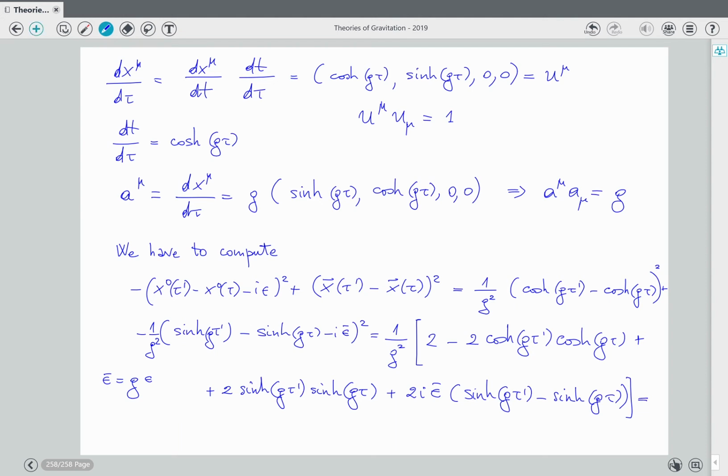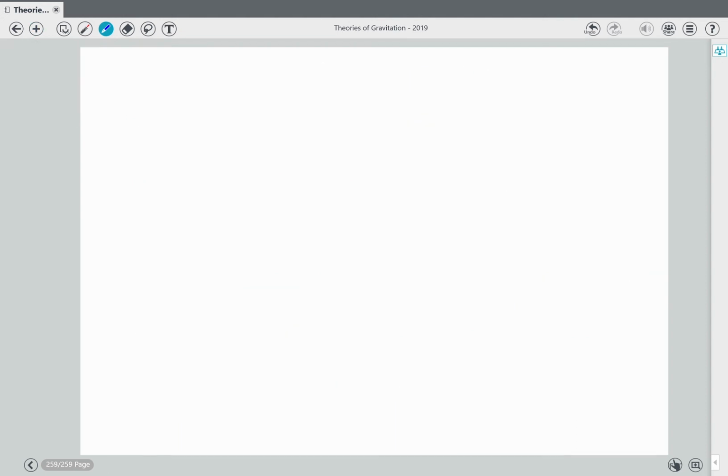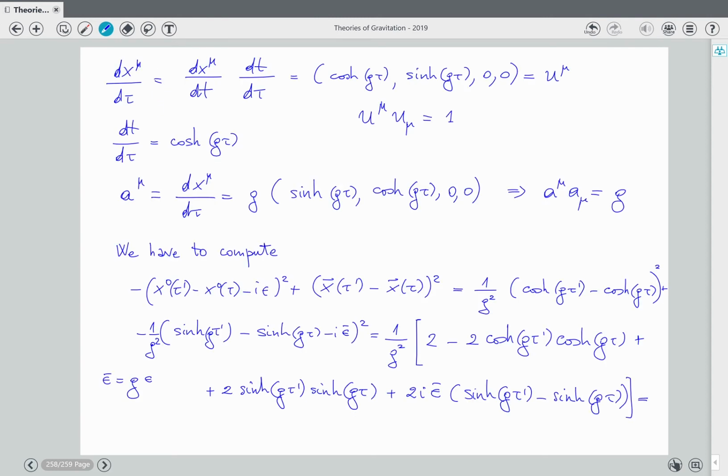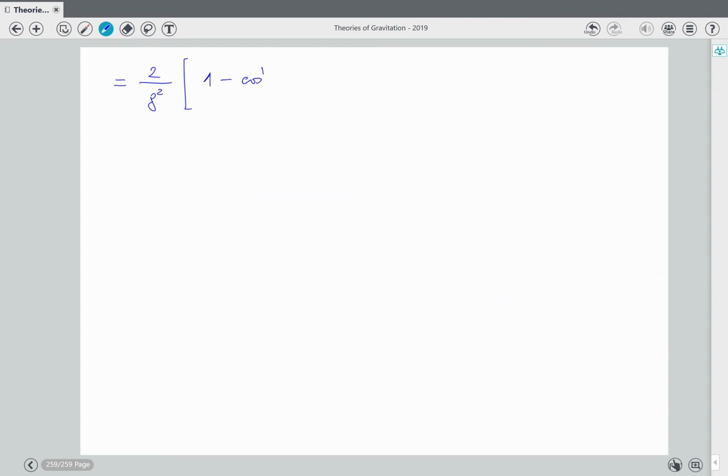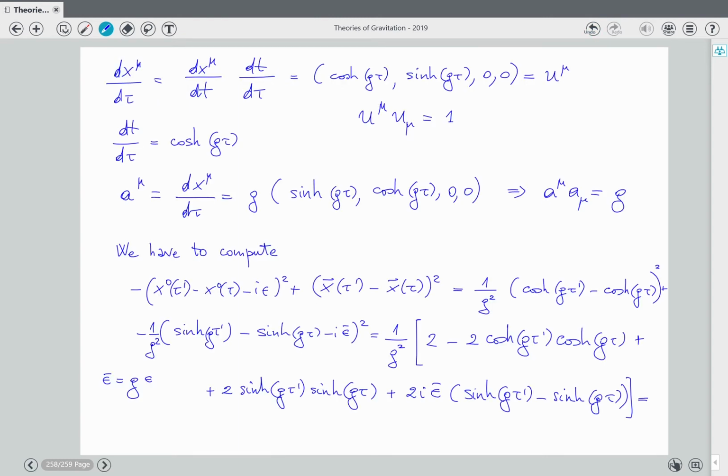Let's see how we can simplify this a little bit. Two divided by g squared, then there is 1 minus cosine minus sine is cosine of the difference, hyperbolic cosine of the difference. You can check it with the exponential representation of the hyperbolic sine and cosine.